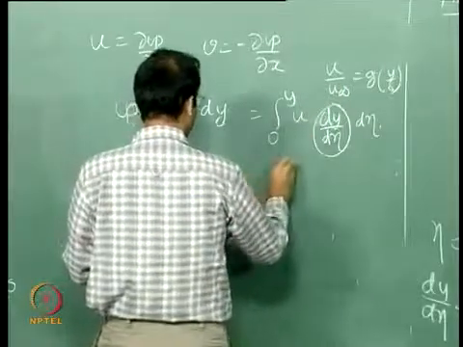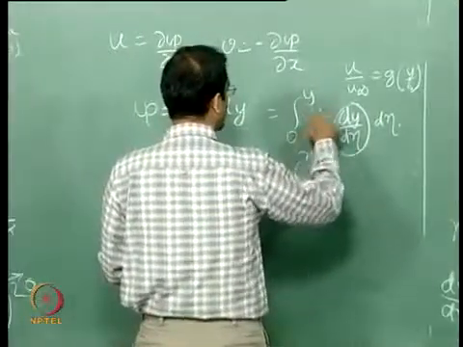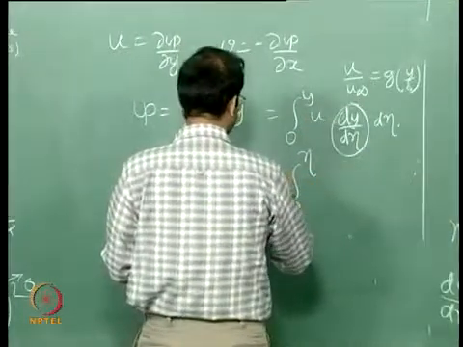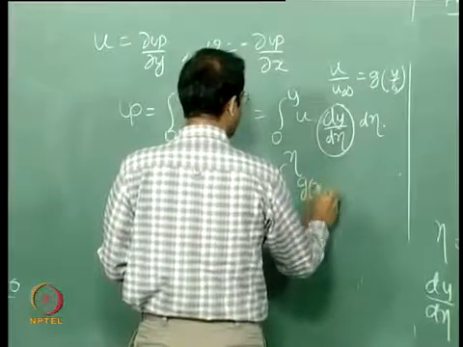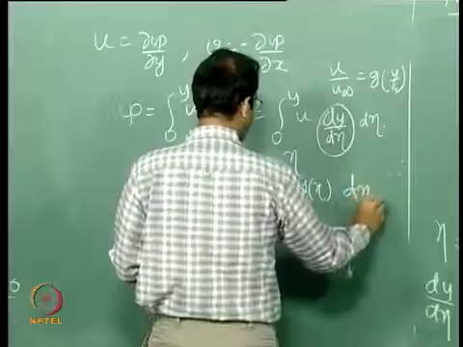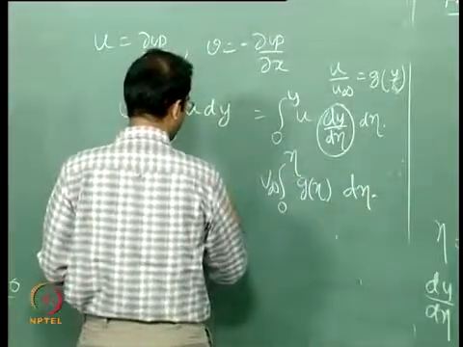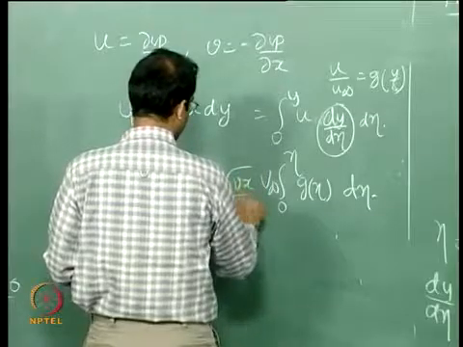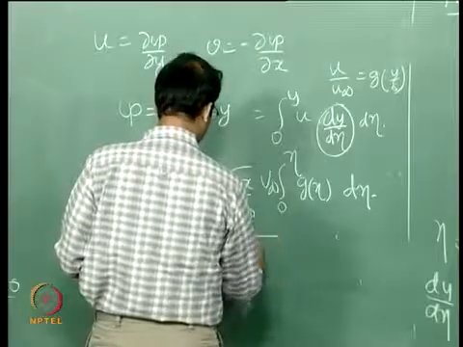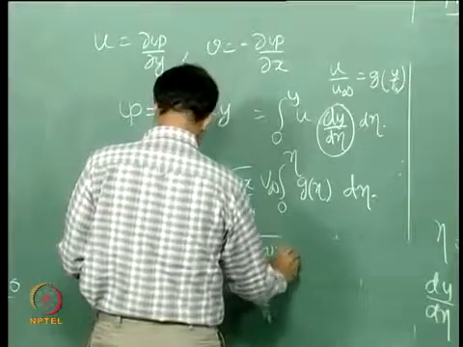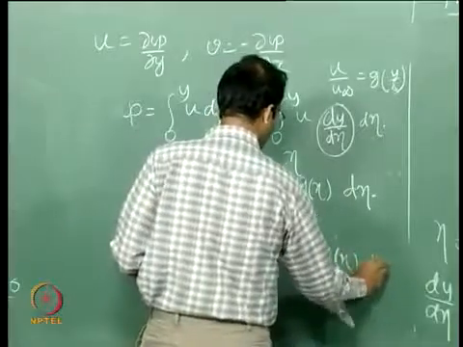So this will be the integral from 0 to eta, since y I am transforming to eta, and u is equal to u infinity, which I can take out, into g of eta d eta into the square root of nu x by u infinity. So this is nothing but the square root of u infinity nu x times the integral from 0 to eta of g of eta d eta.